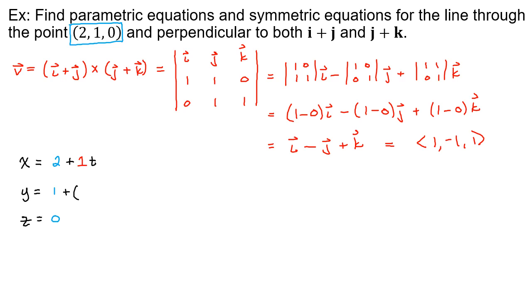Then there's a negative 1 times t. And I'm writing the 1s on there just to make sure you see where the 1s come from. And then I have 0 plus the 1 t. So my equations would just be 2 plus t, 1 minus t, and t, which is kind of nice, I guess. These are my parametric equations.